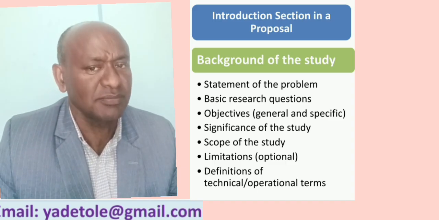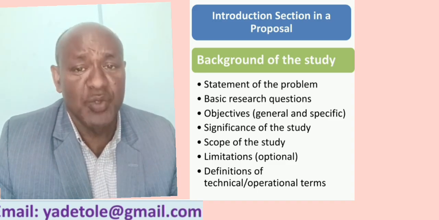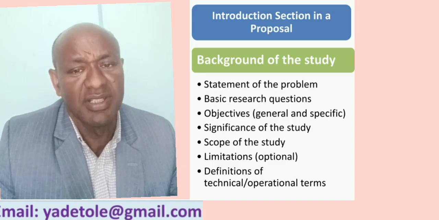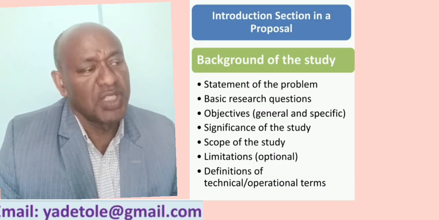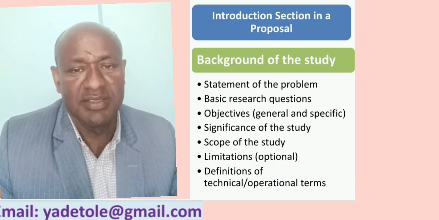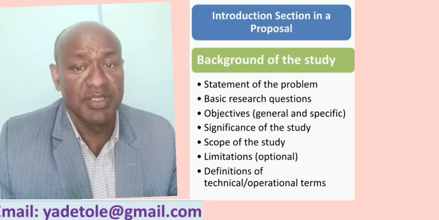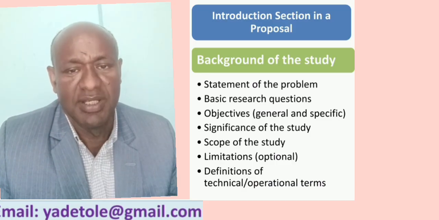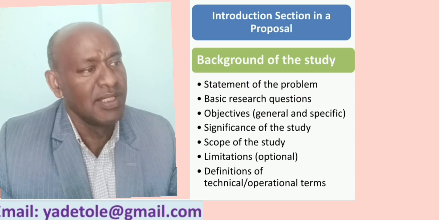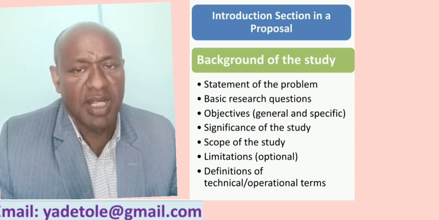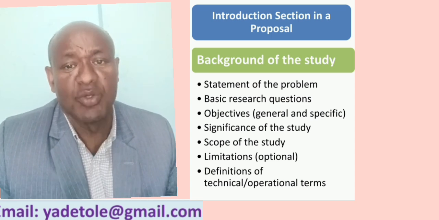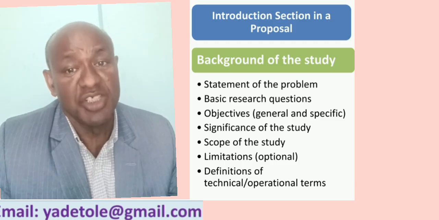By the way, I have a special video for each individual topic. For instance, if you take background of the study, you can get a lesson video. So I recommend you to refer to that lesson. I've already prepared it for you.